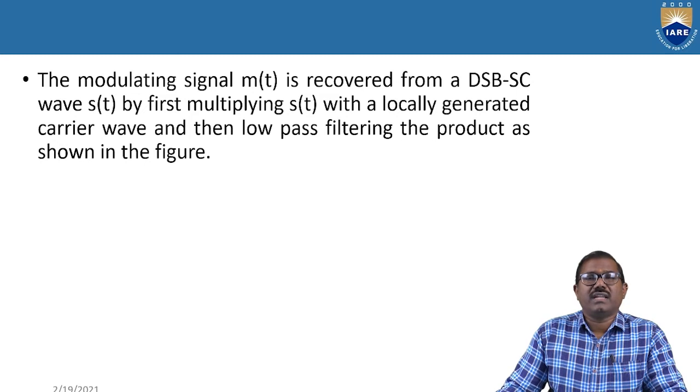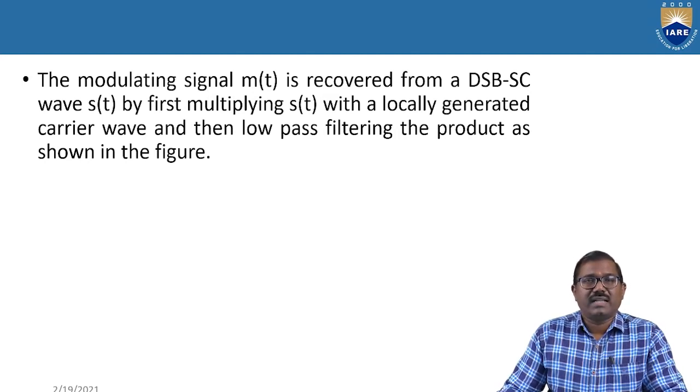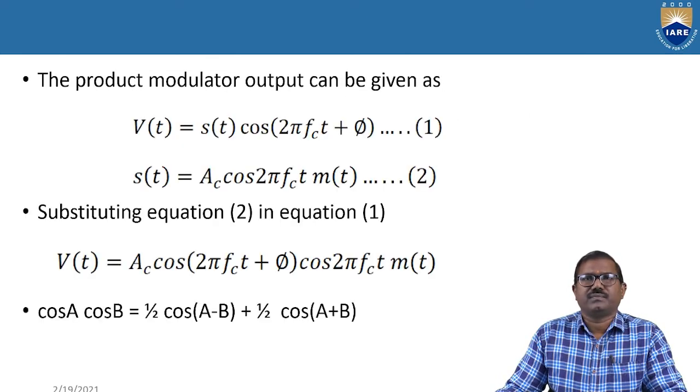The modulating signal m of t is recovered from the DSB SC wave s of t by first multiplying s of t with a locally generated carrier wave and then low pass filtering. So that is how you get the output.